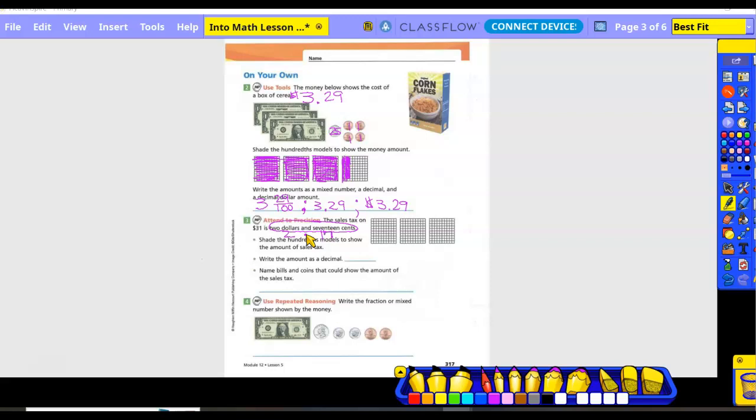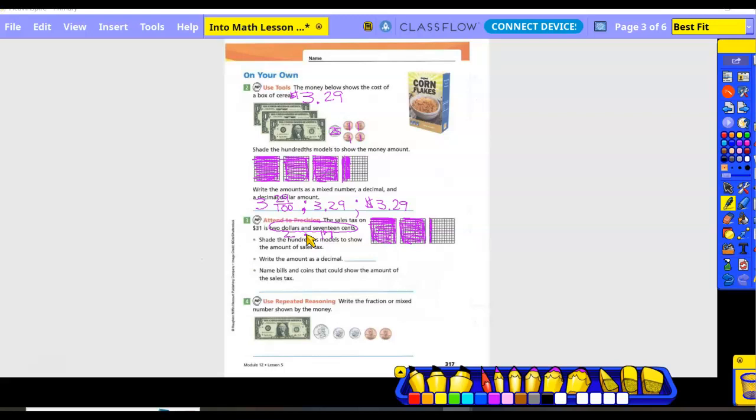Okay, so how many whole boxes are we shading in? 2. So 2 whole boxes we're shading in. And then how many tenths? How many full columns? 1.